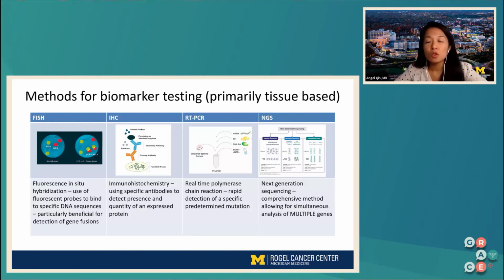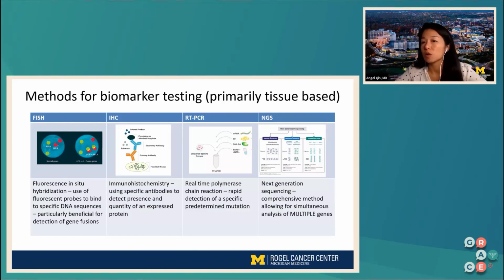And here we know that certain biomarkers occur because there's a mutation in the DNA of the cancer cells. And so what RT-PCR can do is we can look for a specific mutation by combining all these different materials into the test tube.